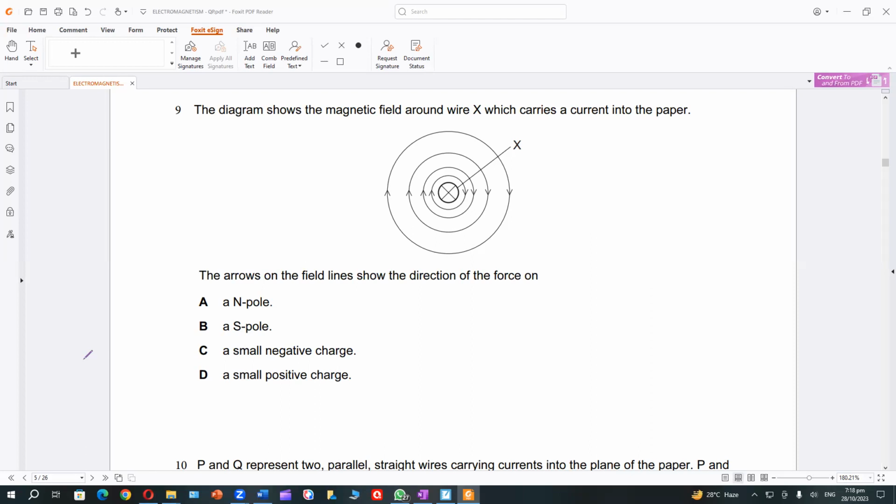Now see this number 9. This is north. This is south. Magnetic fields do not apply force on charges. So I have cancelled C and D.